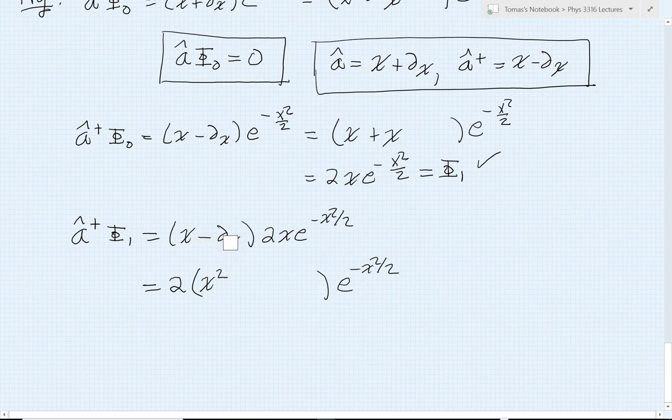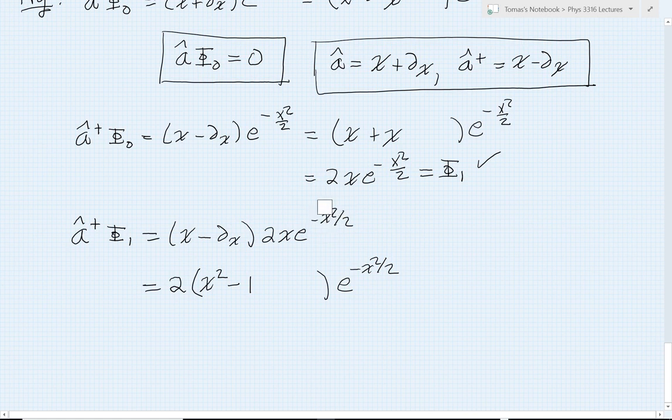Next, I have to take the derivative of x times my Gaussian with a minus sign. Well, when the derivative hits the x in the product rule, that will just give me a minus 1 from this minus sign. So there will be a minus 1 times my Gaussian. Finally, the derivative in the product rule will hit the Gaussian. When it does, it'll give me my Gaussian back again.